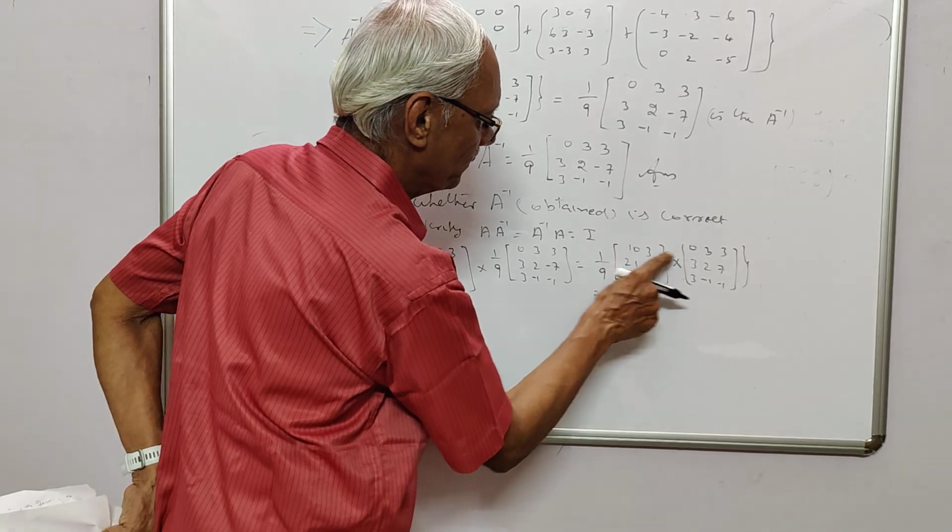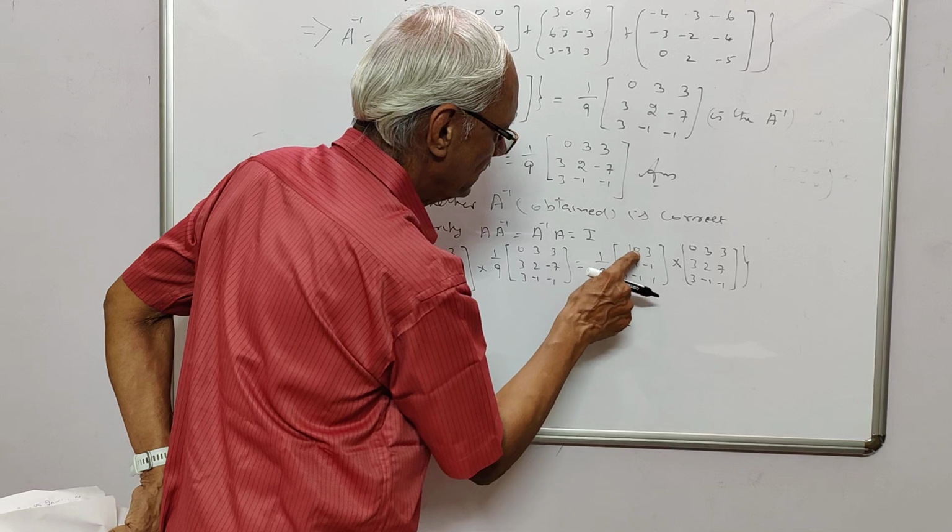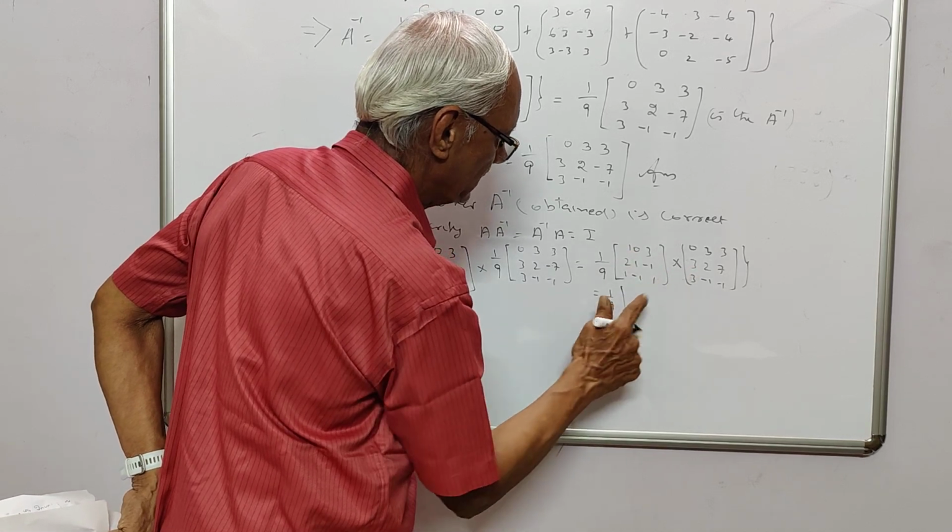Now multiply this first row into first column. 1 into 0 is 0, 0 into 3 is 0, 3 into 3 is 9.